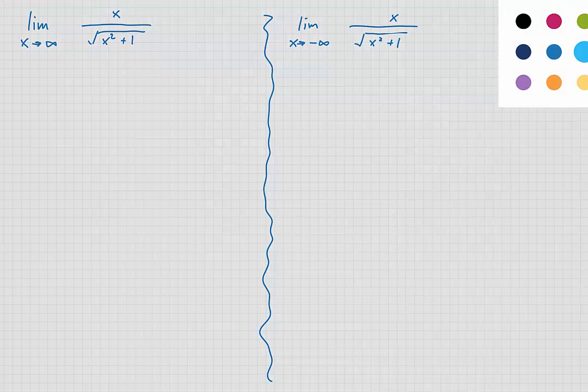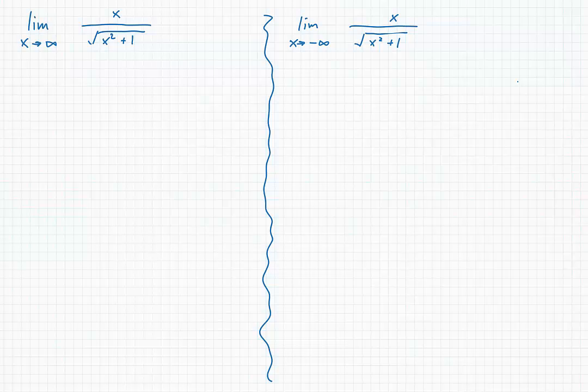So we will multiply the top and the bottom by 1 over x. In the bottom, we're going to be clever and say that we're really multiplying by the square root of 1 over x squared. The square root of 1 over x squared is 1 over x, but by using the square root, we can multiply square root by square root in the bottom. It makes our life a little bit easier.